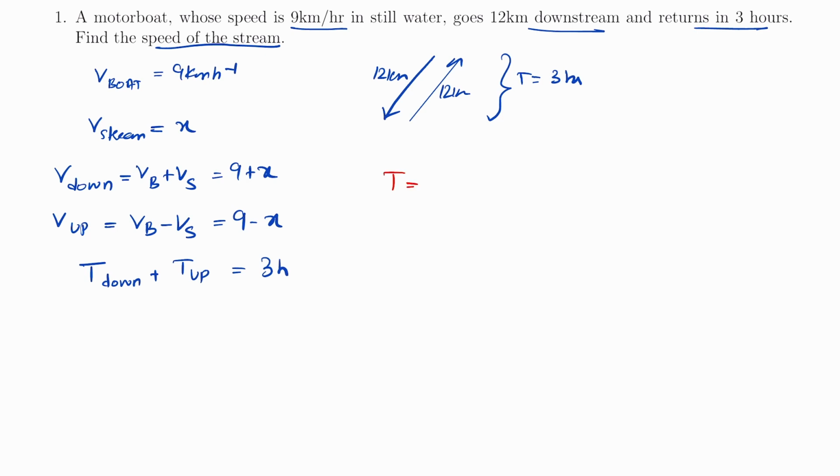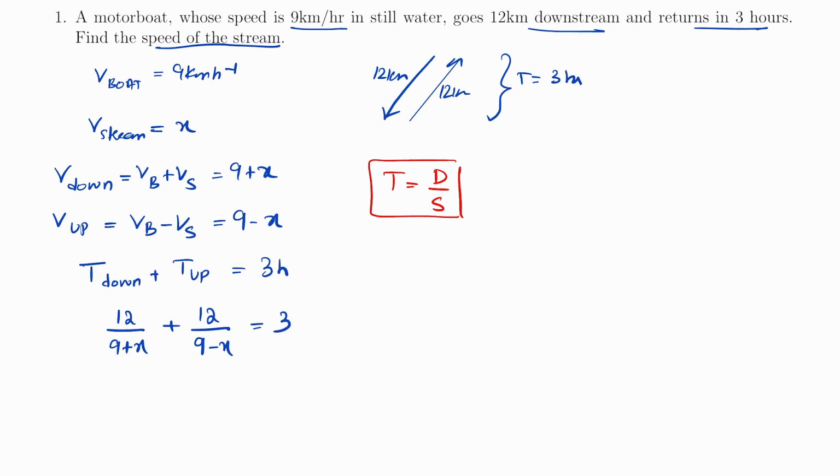The formula for time is distance divided by speed. In both cases, the distance traveled is 12 kilometers. So the time taken to go downstream will be 12 by 9 plus x, and the time taken to go upstream will be 12 divided by 9 minus x.